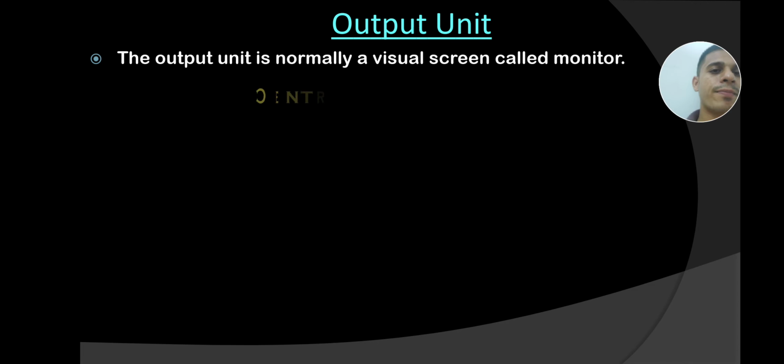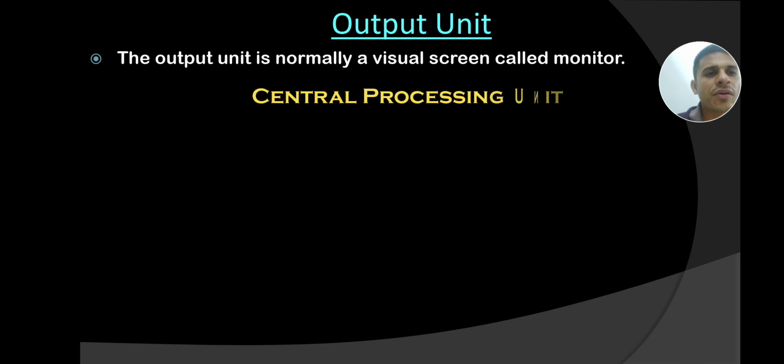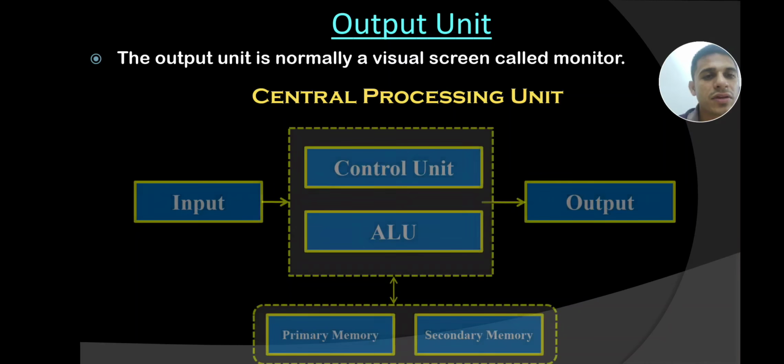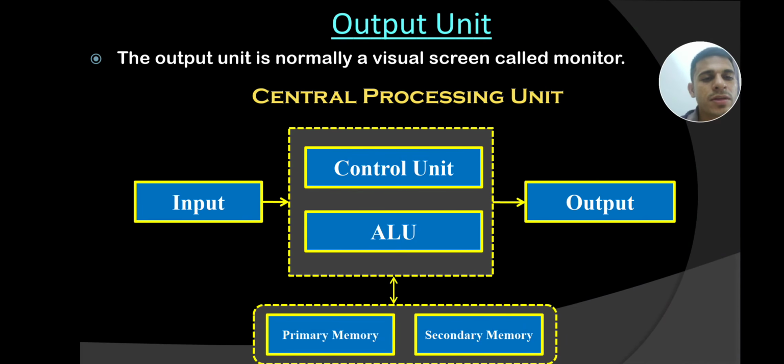Now next is your central processing unit, right? Here I am giving just a basic overview on the basis of this image, or this chart, by which you can get the idea. If you see, the input unit is connected with the control unit and ALU. Downside, the primary memory and secondary memory are also connected with the control unit and ALU. And the output is also connected with that.